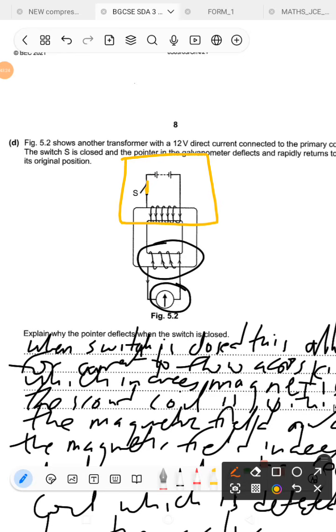Now since this secondary coil is within the magnetic field, as the magnetic field cuts across those coils, it induces current in the coils. Now that current flows within the circuit, and as it flows it is detected by the galvanometer. So essentially that's exactly how it happens.